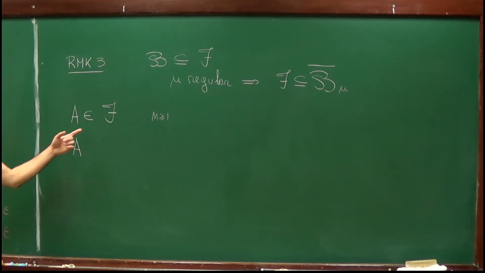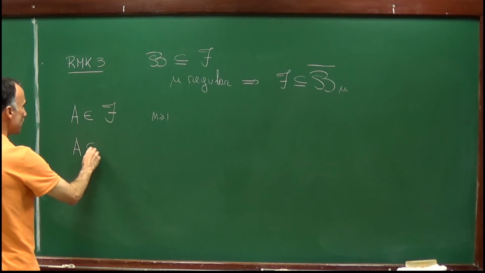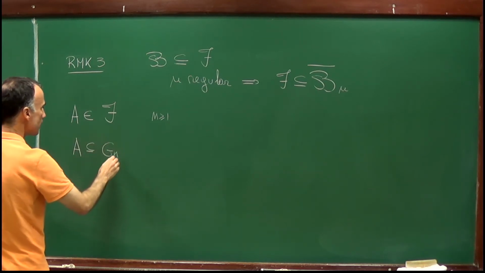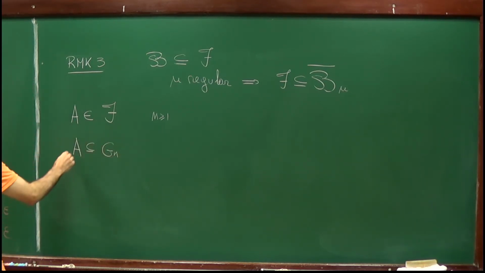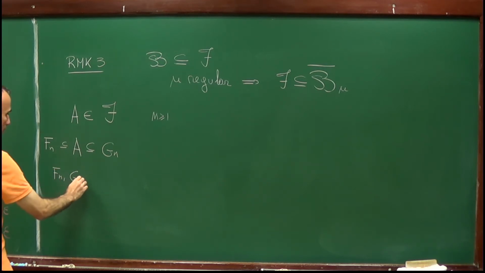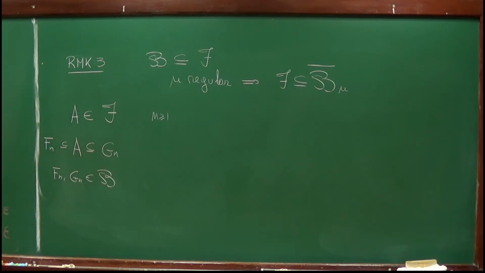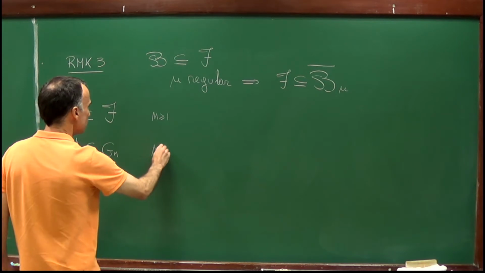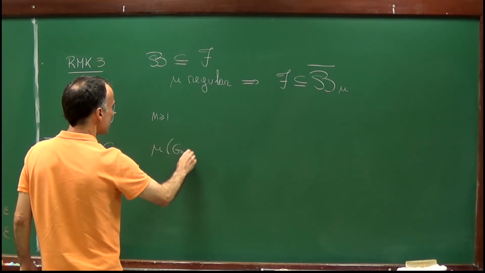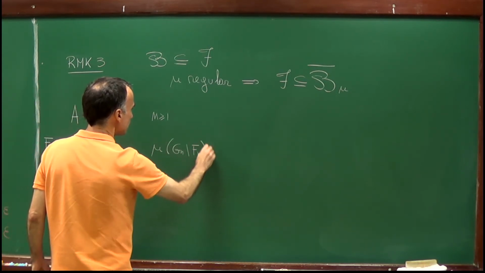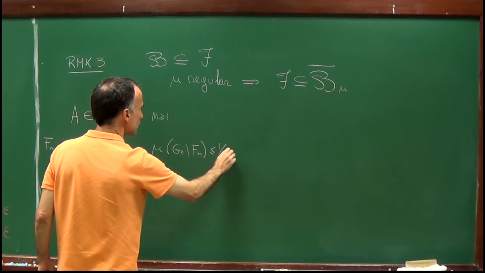Since mu is regular, we can find open sets Gn which contain A, and closed sets Fn which are contained in A. So Fn and Gn are closed and open sets and therefore belong to the sigma algebra B, and such that mu of Gn minus Fn is smaller than 1 over n.